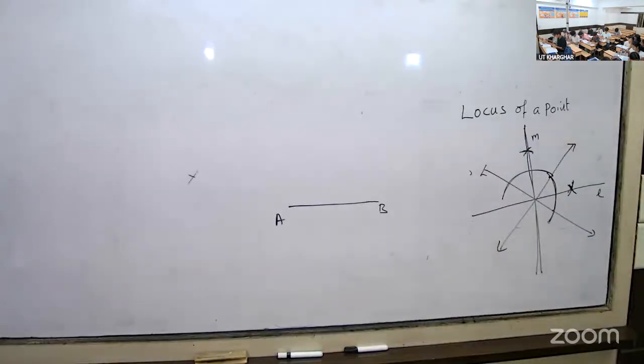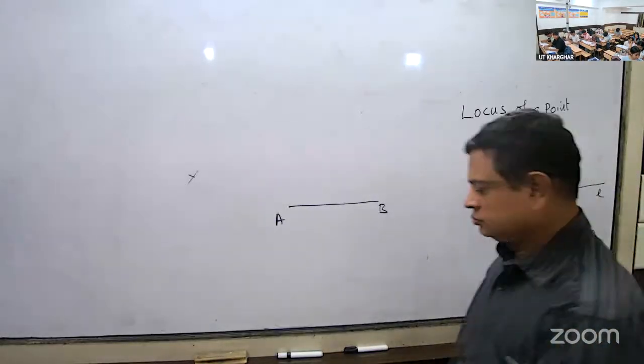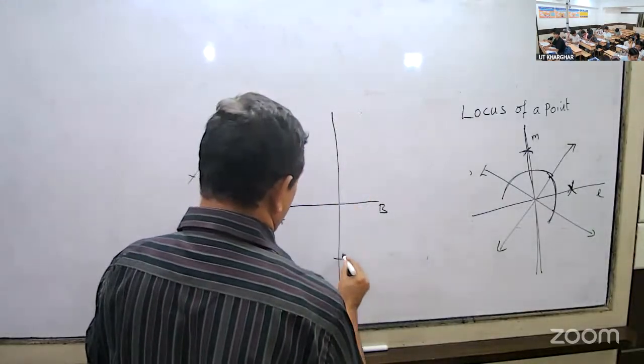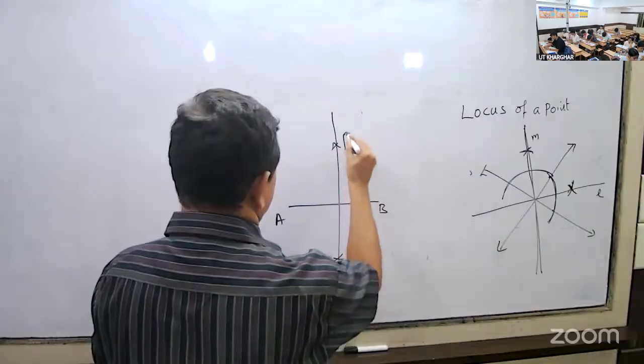The same thing from the other side. Don't change the radius. Join it. Perpendicular bisector, all of you drawn? Name the perpendicular bisector PQ.